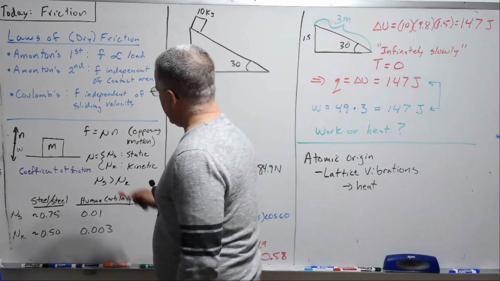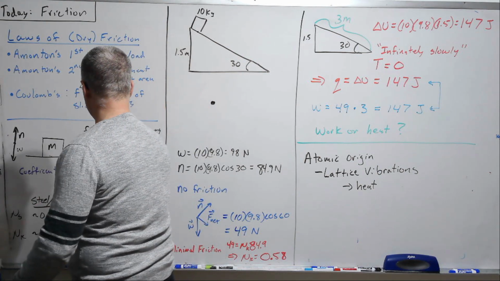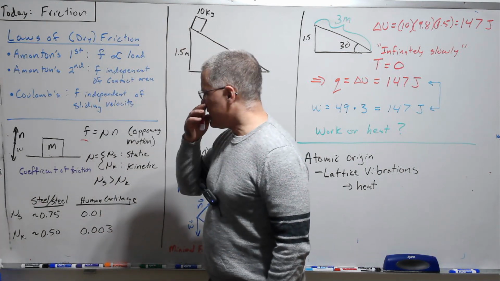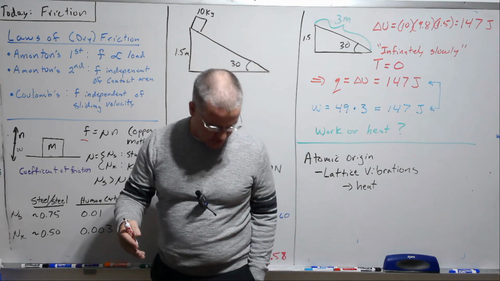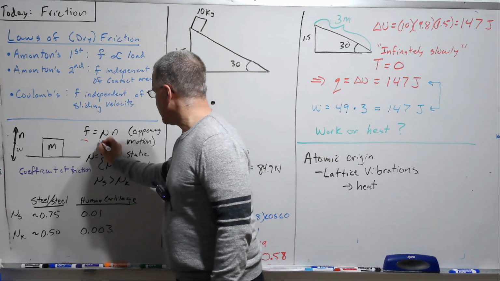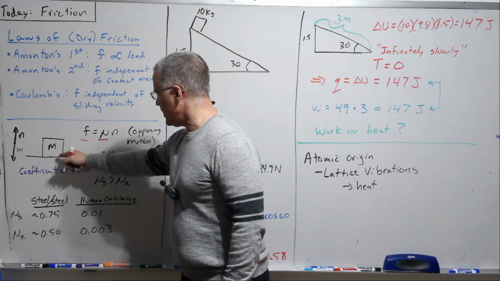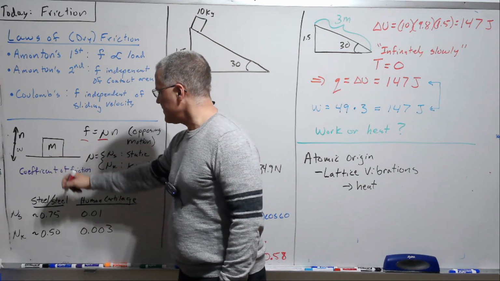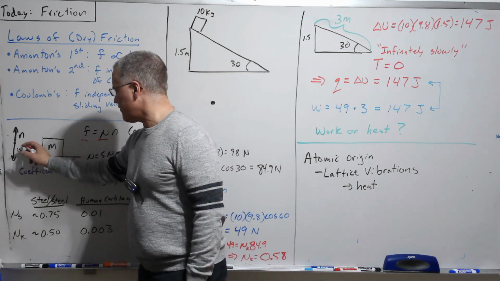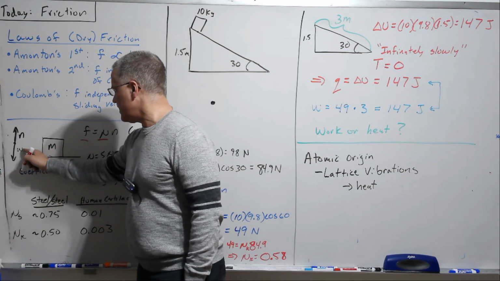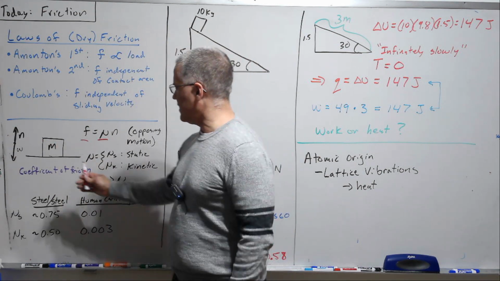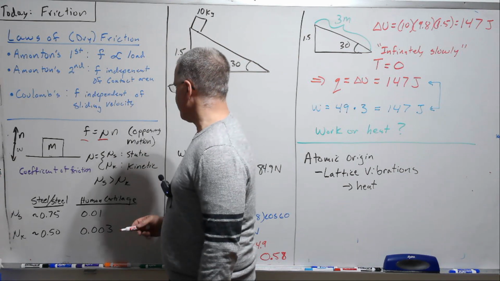All right, so we will use F here to represent the frictional force. Sometimes we'll use capital F sub friction, but here we'll use the F. And so typically, in a situation like this where we have a mass on, say, a surface, then we could draw the free body diagram for the mass. It will have a weight, and there will be a normal force acting opposite that weight.